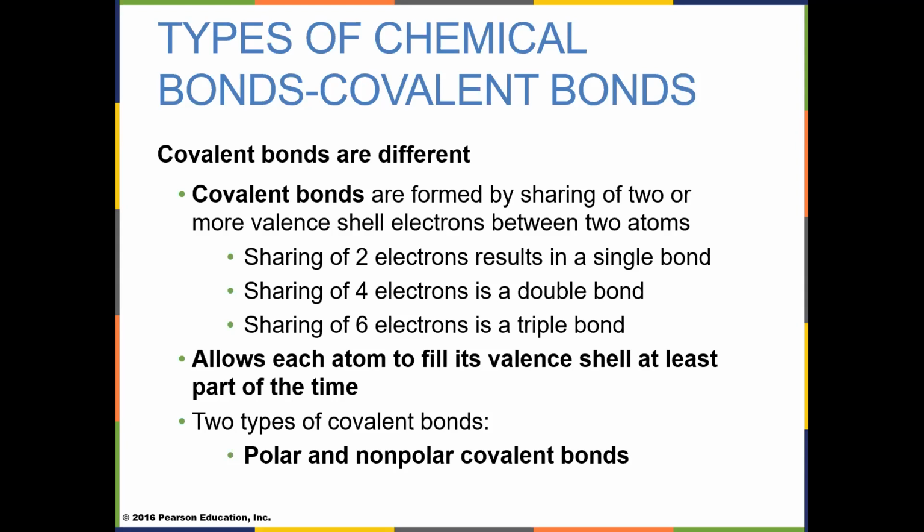With a covalent bond, every atom involved in the bond has its valence shell filled up at least part of the time. And so that makes it very, very stable. As I said, we breathe the atmospheric version of these gases that are held together with covalent bonds, and it's extremely stable. Okay.